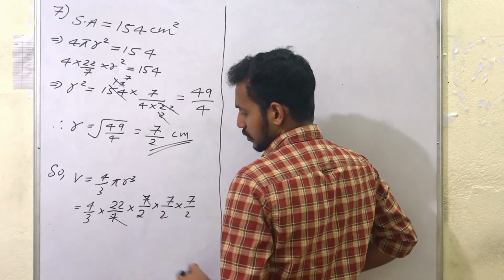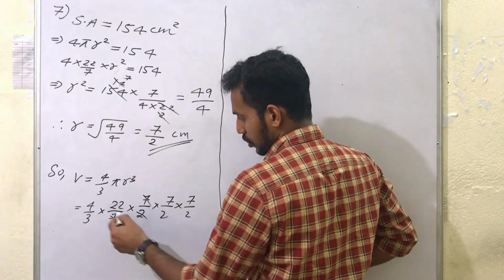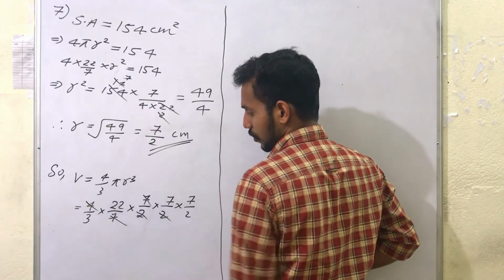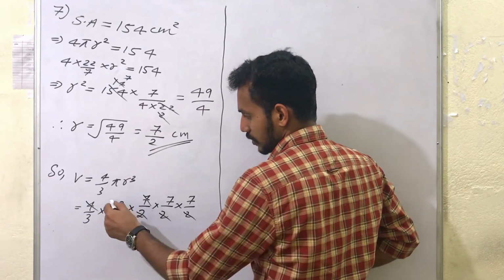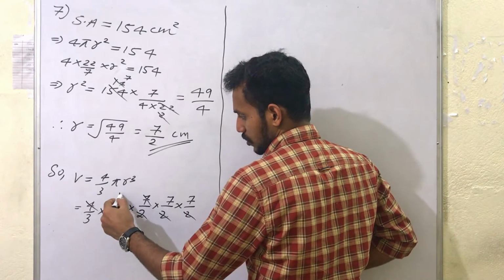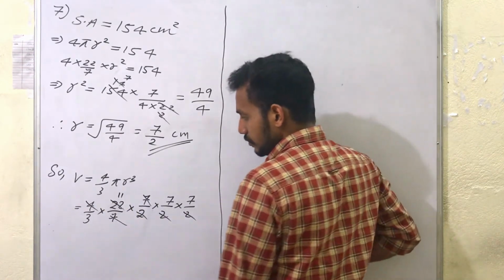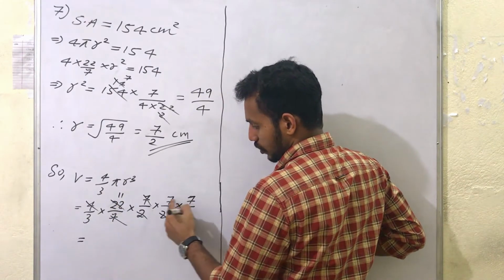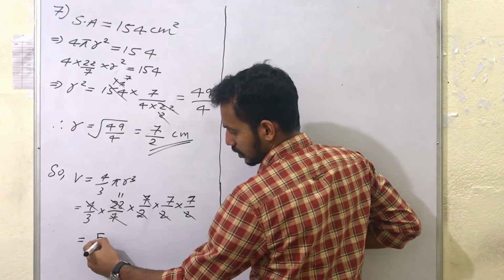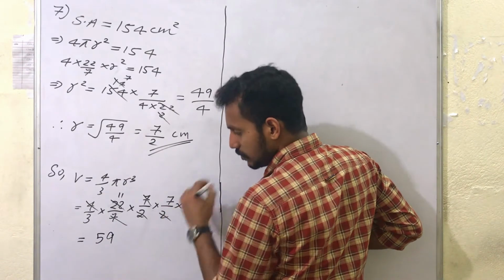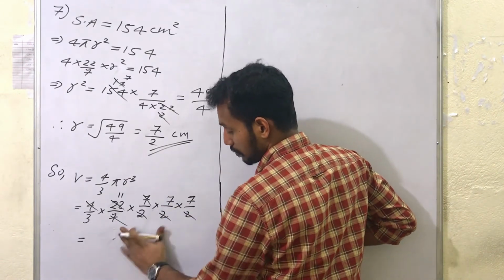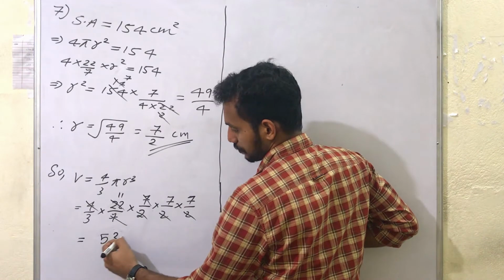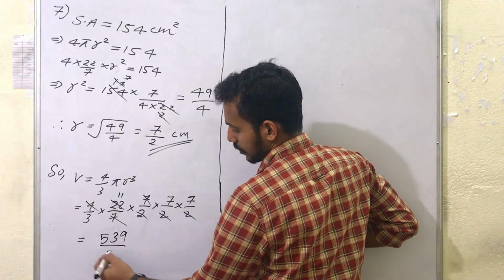1 7 is cancelled. 2 2 2 cancel with 4. Again cancel with 22, so it will be 11, which is equal to 7 into 7 is equal to 49. 49 into 11 will be 539 divided by 3.